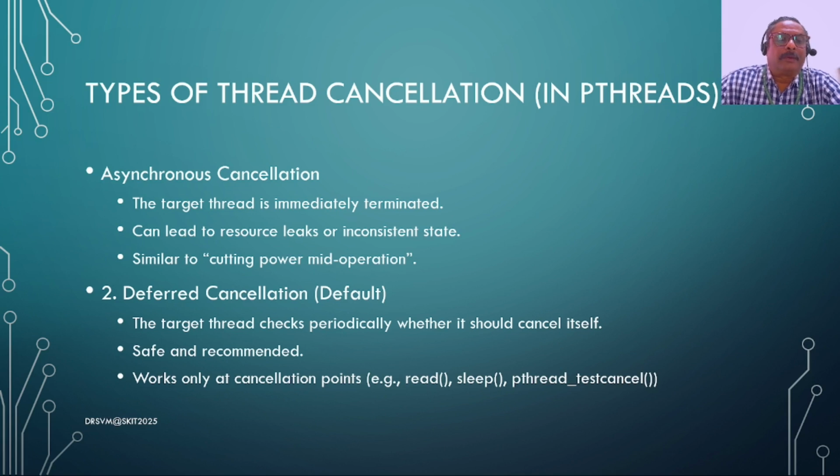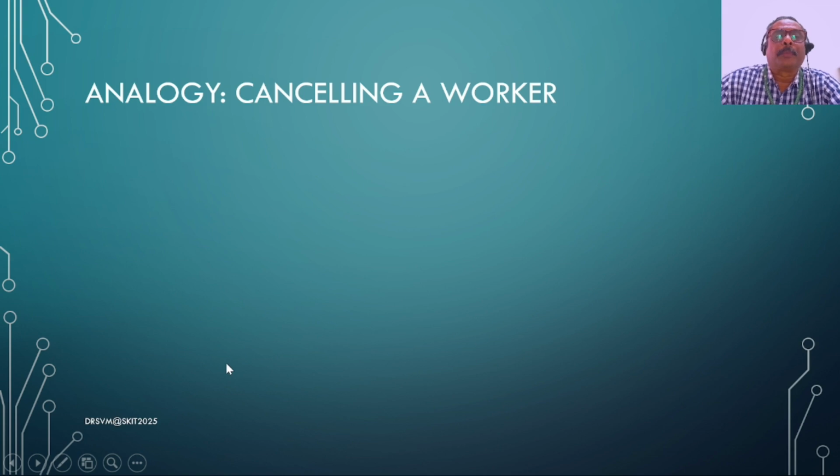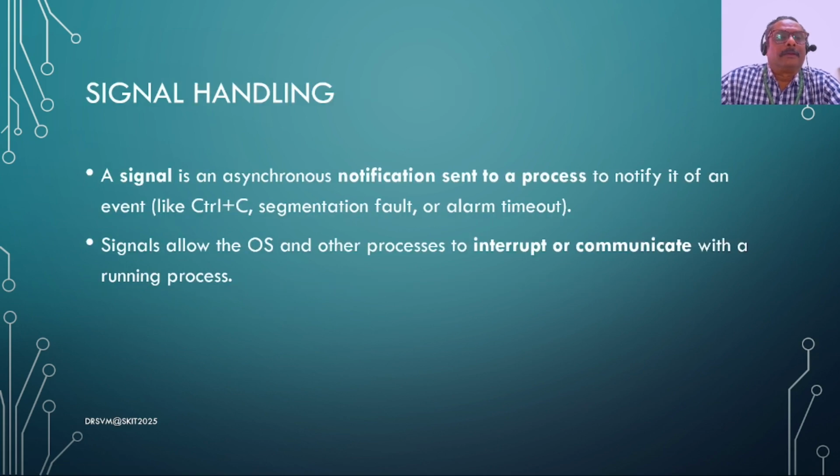It works only at the cancellation points like read or sleep or thread test cancel. The default way of cancellation is the deferred cancellation, and it is always safe and recommended.